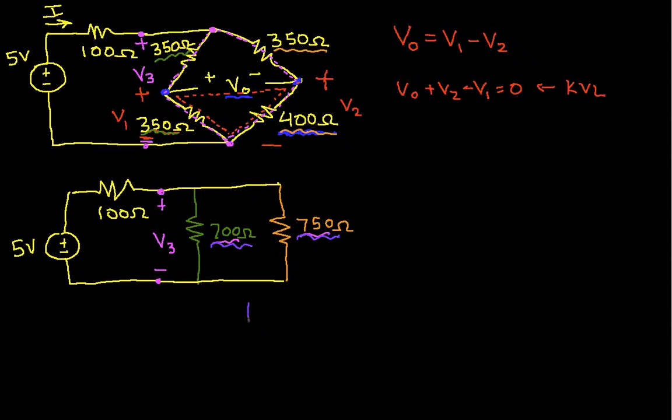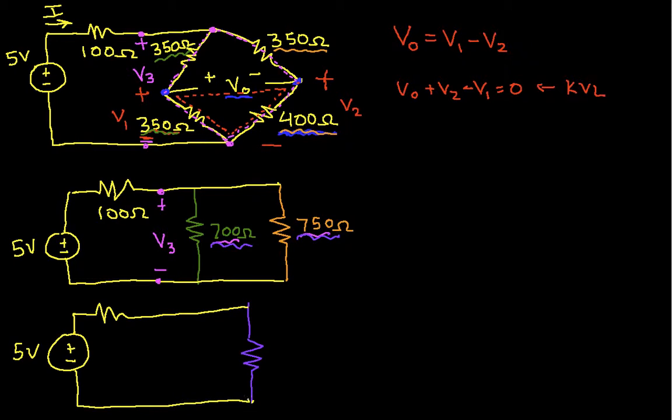So I will combine those two into a single resistor, and the rest of the circuit stays the same. So this is still 100 ohms. From here to here is still V3.